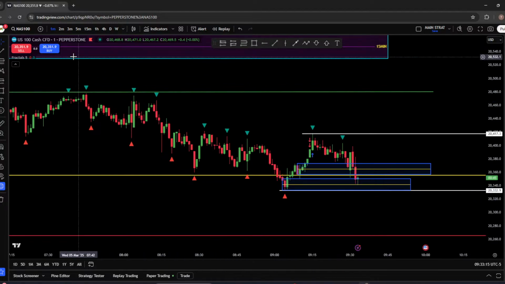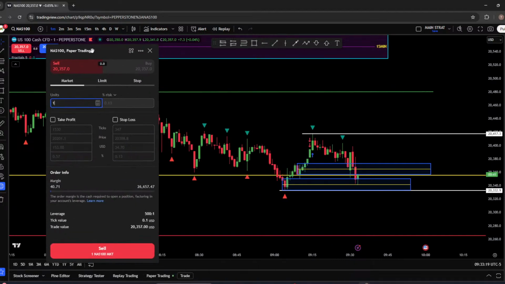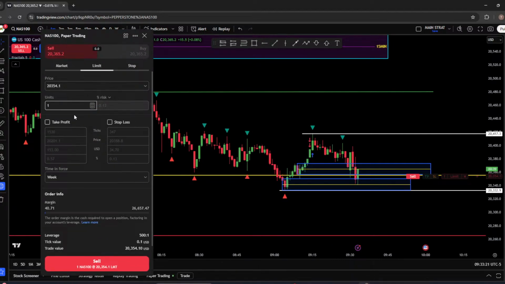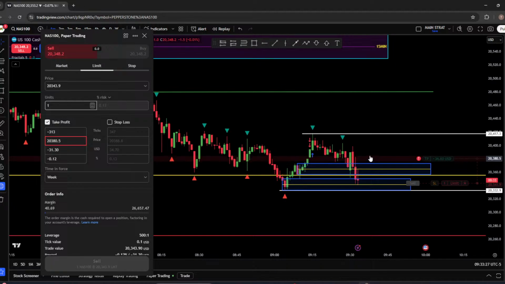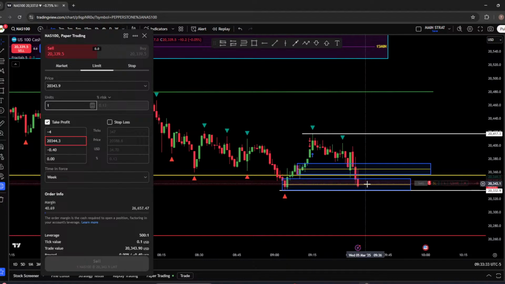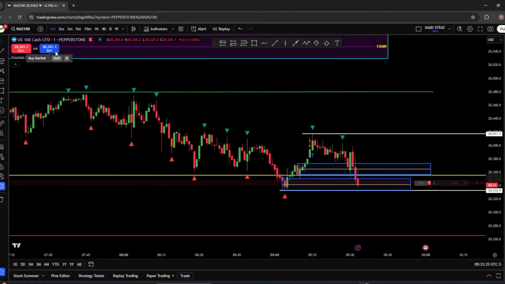Let's real quick define our risk parameters here. We would do a limit. Take profit would be, oh, that's a buy. Hold on.